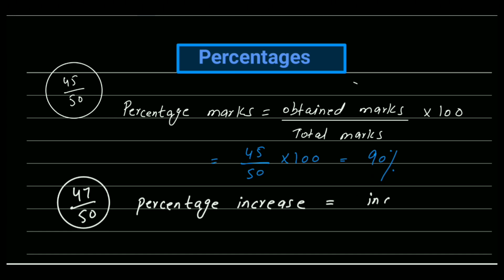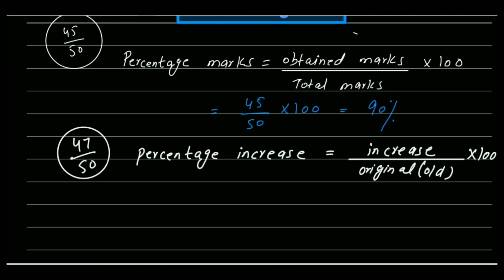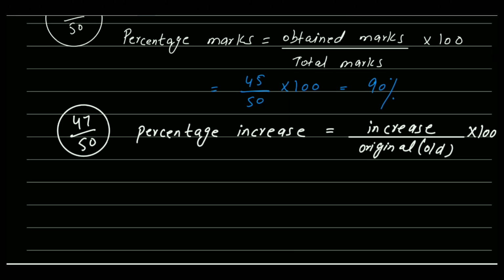Increase over original, the old value, multiplied by 100. If we are going to find a percentage decrease, the formula will be decrease over original multiplied by 100. So this is just one formula that you have to memorize.